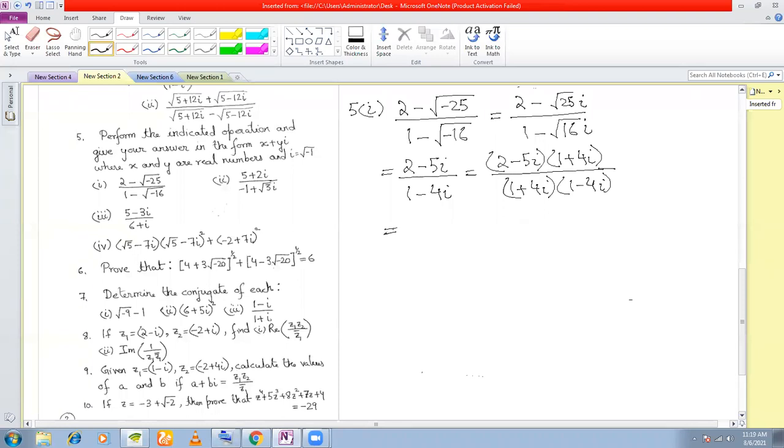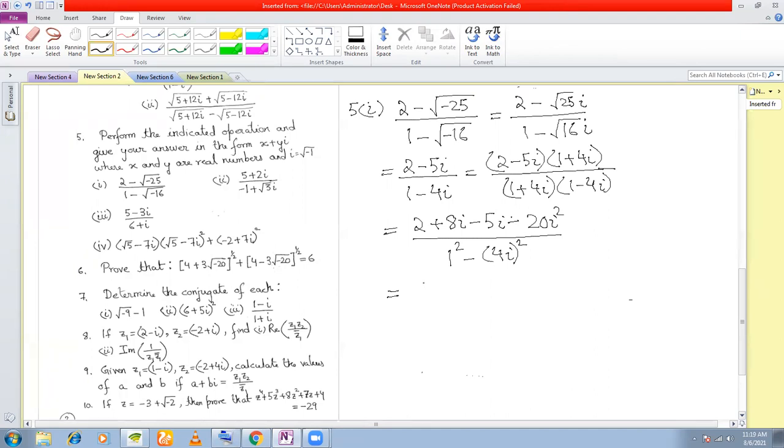Okay, so now you multiply. As you multiply, normally 2 plus 8i minus 5i minus 20i square. And in the denominator you get 1 square minus 4i whole square, which is equal to, now see, if you put i square is equal to minus 1, you get plus 20.